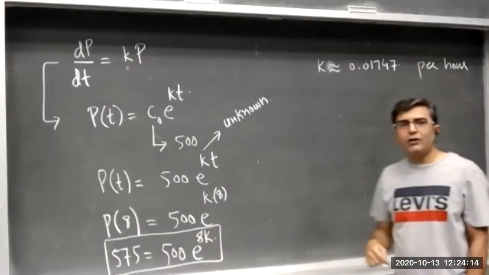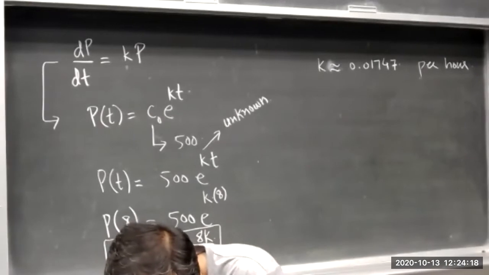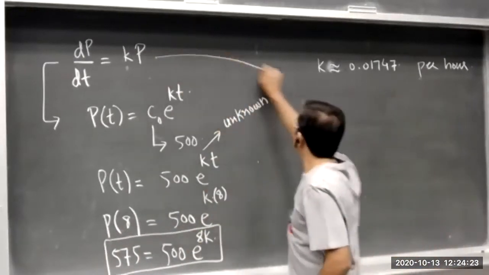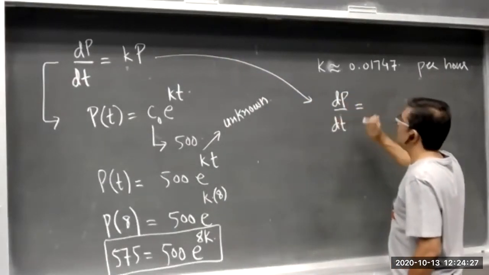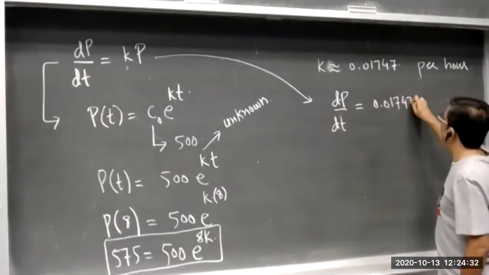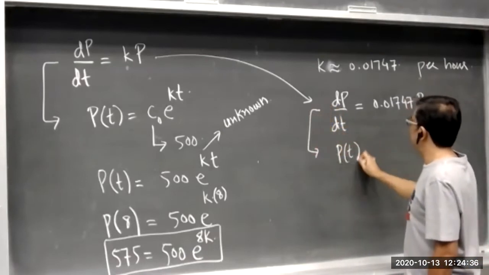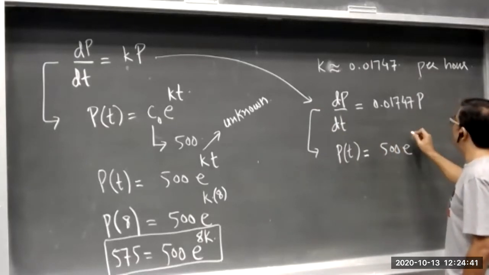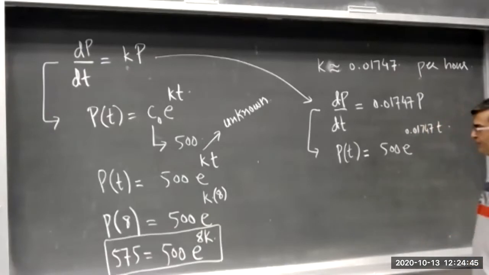Now you can solve the similar differential equation dP by dt equals 0.01747 times P, where k is 0.01747. Its solution must be P at t equals 500 exponential of 0.01747 times t.